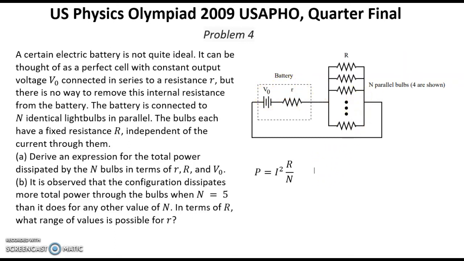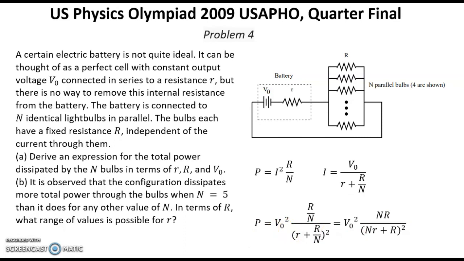Current equals total voltage V0 divided by total resistance, which is small r plus big R over N. And after that we can input this current here and find the solution for the first question. This is the result. Power equals V0 squared multiplied by N big R divided by N small r plus big R, squared.